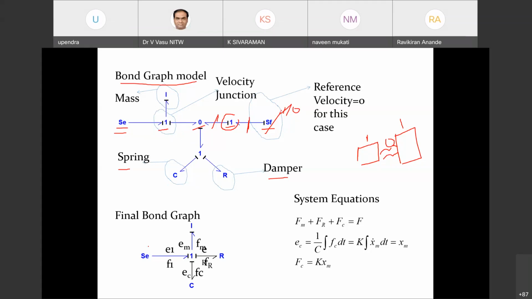And the simplified bond graph will look like this. This is the simplified bond graph for this particular spring-mass system. Once you represent this simplified bond graph, you can analyze the system.